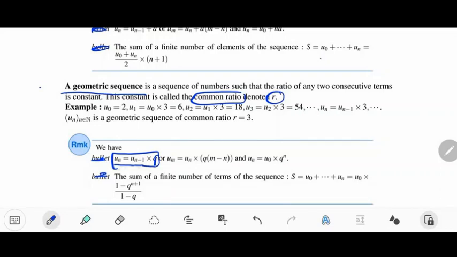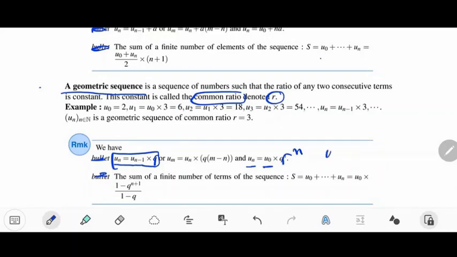So un is equal to un minus 1 times r, or un is u0 times r to the power n. So I multiply by r, I obtain the term after, and then by r another time I obtain the term after, and so on.